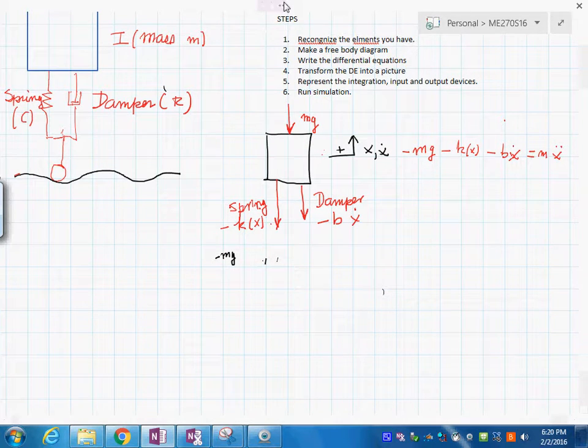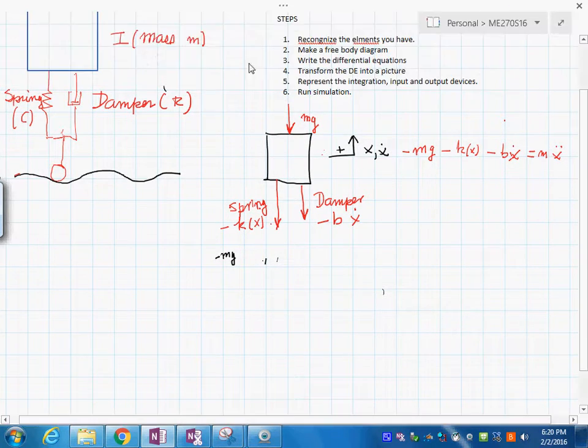We still need to correct one sign here, which is going to be a minus sign because it's going down.